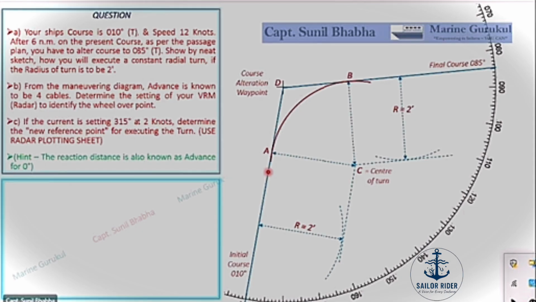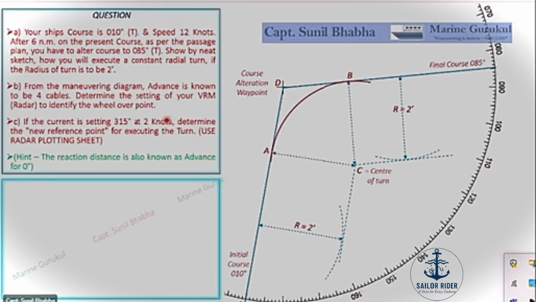The rudder order which is given is not implemented in the motion of the ship immediately, but it takes some time for the ship to react to that helm order. So the helm has to be given, the rudder has to be put over the reaction distance away from or before point A, point Alpha.